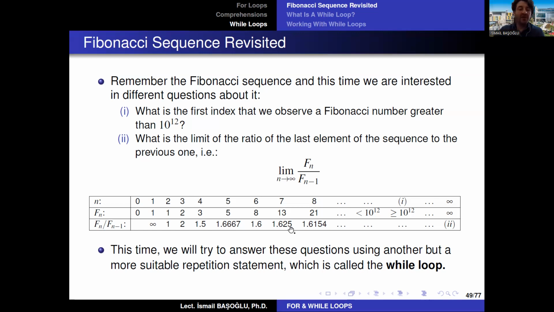Okay. Now, it is quite easy to prove, but we are not going to prove that. It is quite easy to prove that eventually, if you continue this Fibonacci sequence for long enough, this sequence in which we divide the last element by the previous element of the Fibonacci sequence will also converge to a certain value, okay?